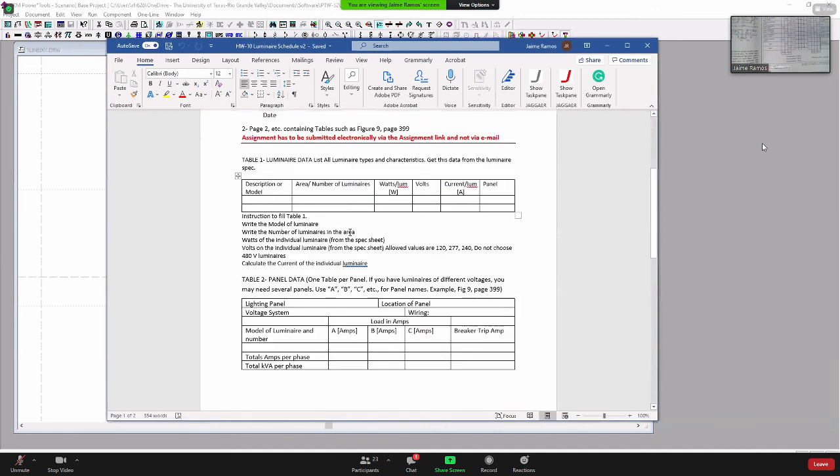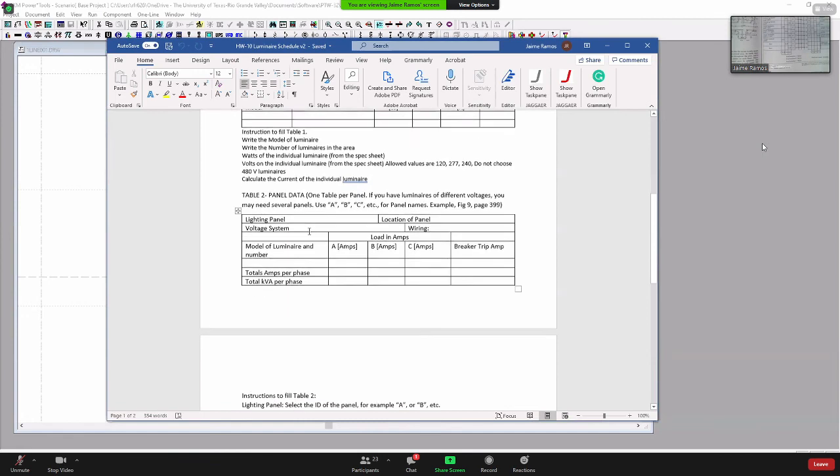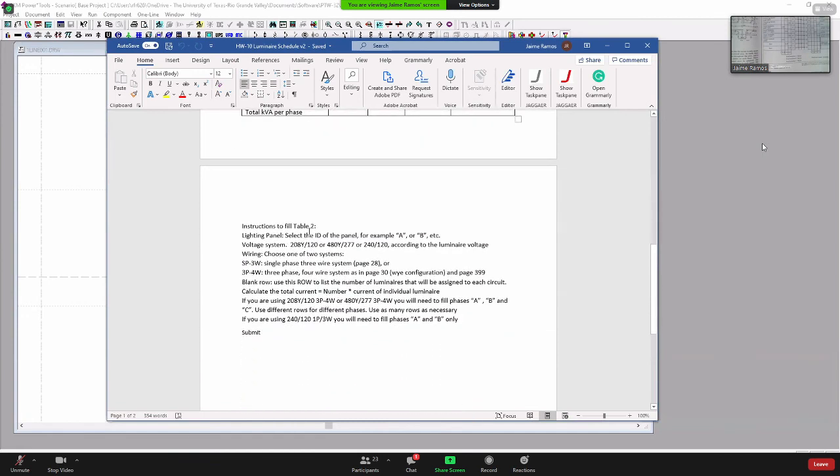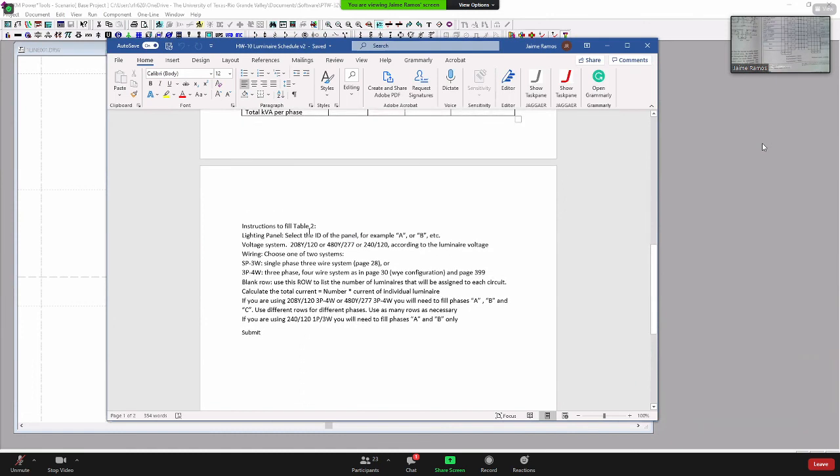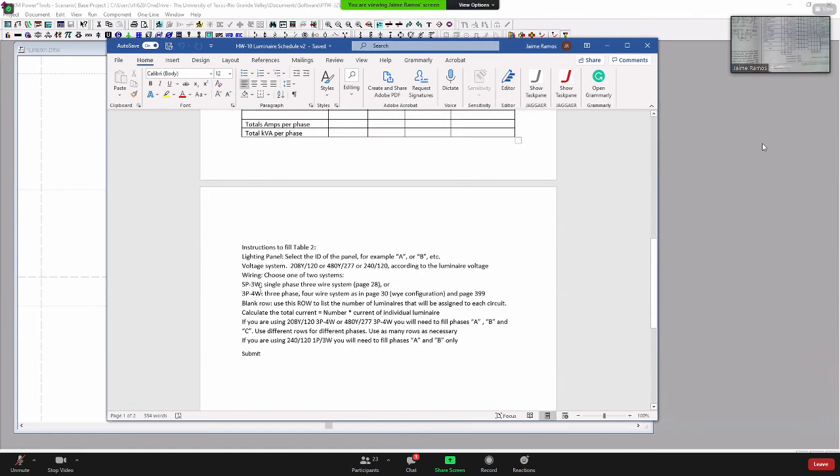Luminaires, description of luminaire, the watts, instructions to field table, write the model of the luminaire. So where is the luminaire? I need to put a diagram here with the luminaire voltage.